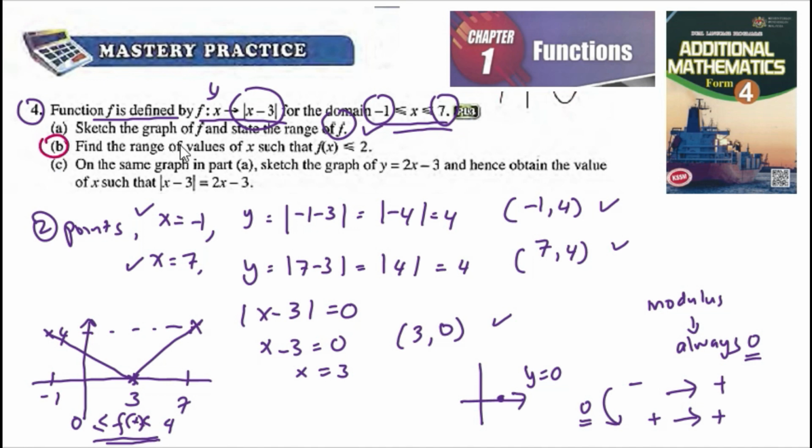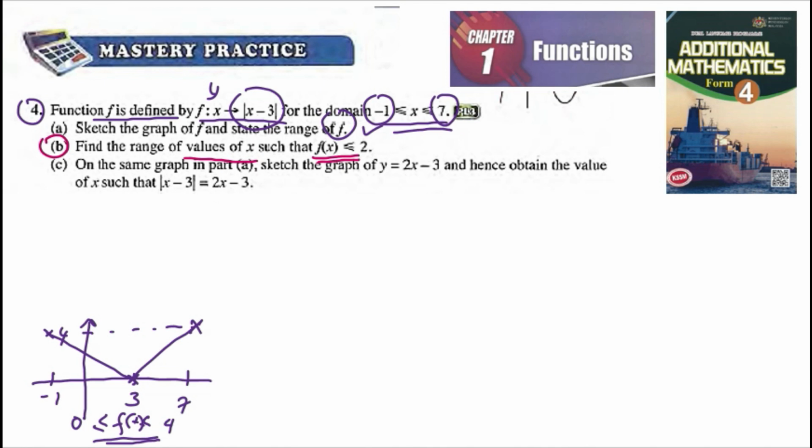Part B, find the range of values of x such that f(x) is smaller than 2. So when f(x) is smaller than 2, we have f(x) equal to |x − 3|, so |x − 3| is smaller than 2.